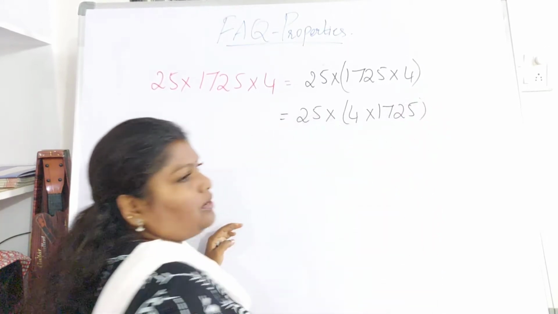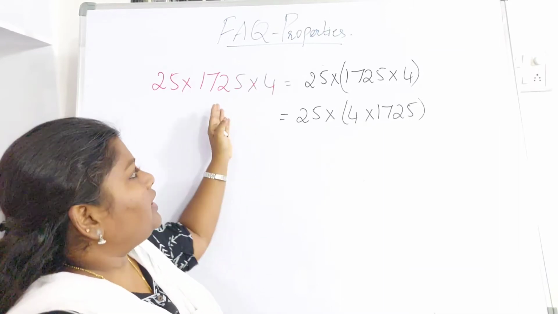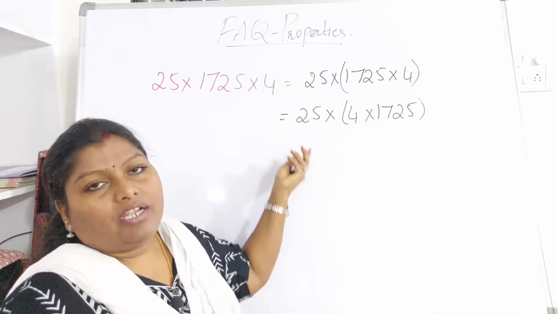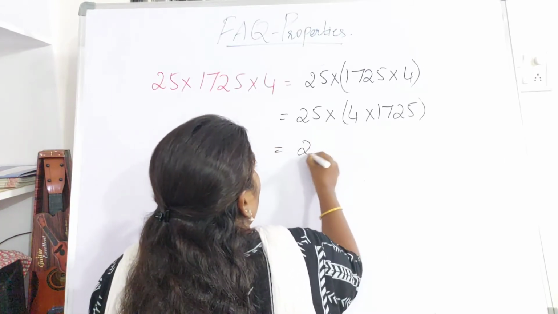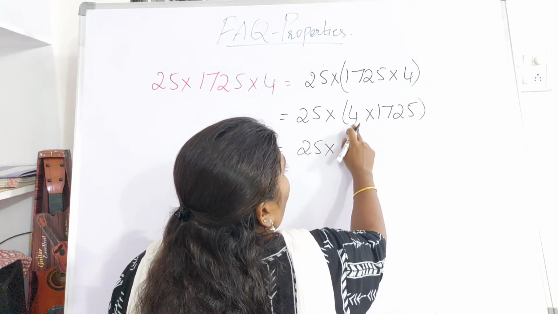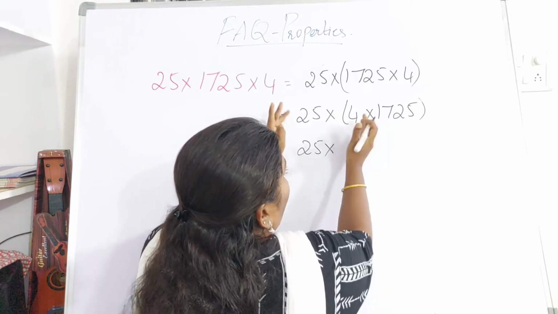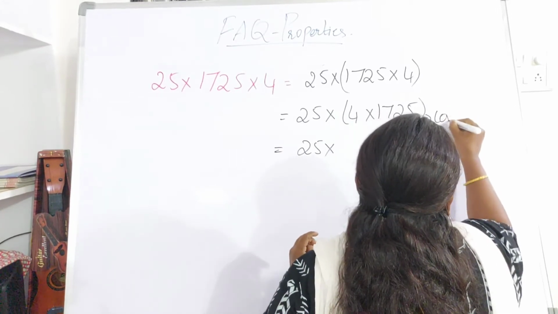Initially whenever you see a problem, you should analyze by multiplying which two numbers we will be getting a 100, multiples of tens. So this is 25 into 4, and now I have used commutative property.